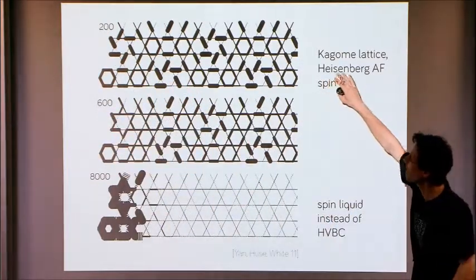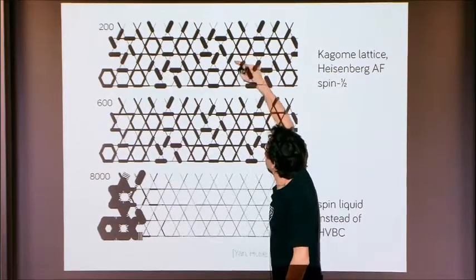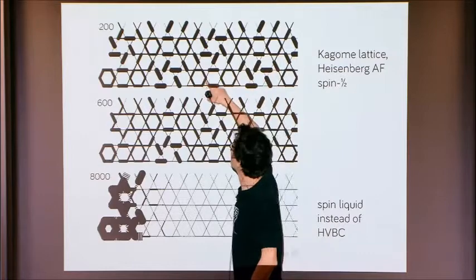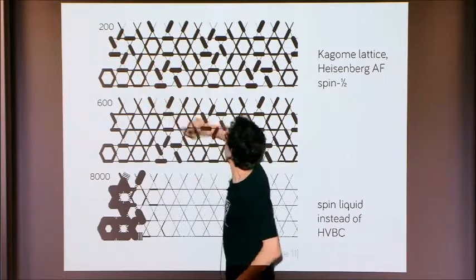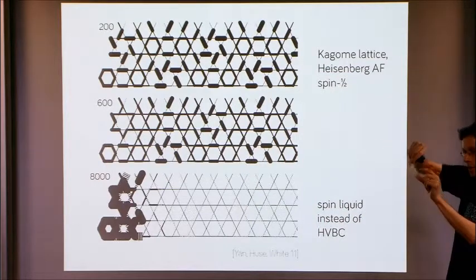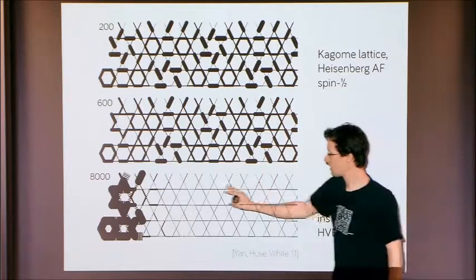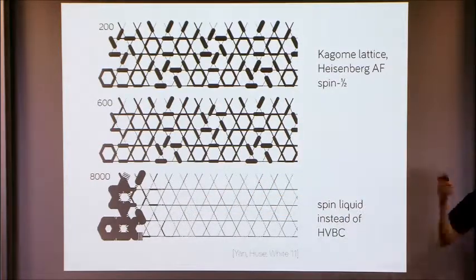You start with some assumption that on this lattice you're going to get something like a hexagonal valence bond crystal. This is how the spins like each other, or how much they appear in a singlet. And then when we increase the number of states, we realize that it goes away, and what shows up is something called a spin liquid.